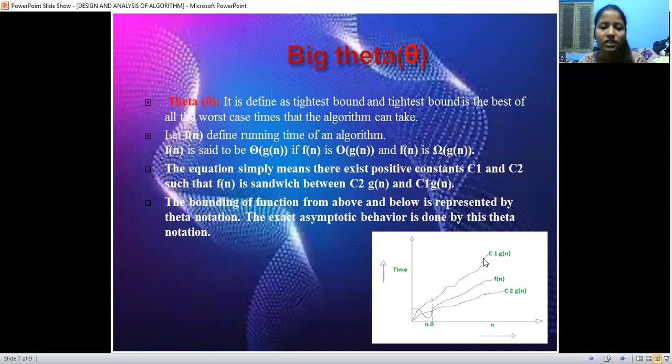The equation simply means there exist positive constants c1 and c2 such that f of n is sandwiched between c2 g of n and c1 g of n. The bounding of functions from above and below is represented by theta notation. The exact asymptotic behavior is captured by theta notation.